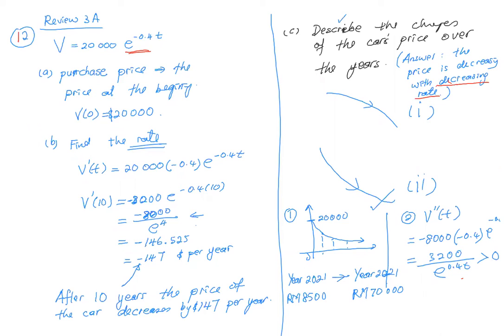Okay, let's look at question 13. Okay, everyone look at question 13. Okay, I have taught you a technique, all right? How to draw the graph for f prime t. So based on the fx graph, you draw the sign diagram of f prime x and f double prime x first.